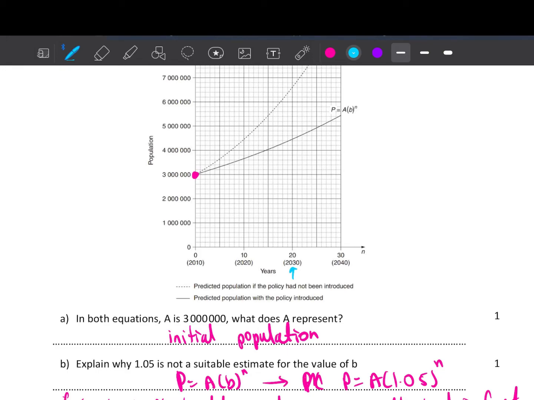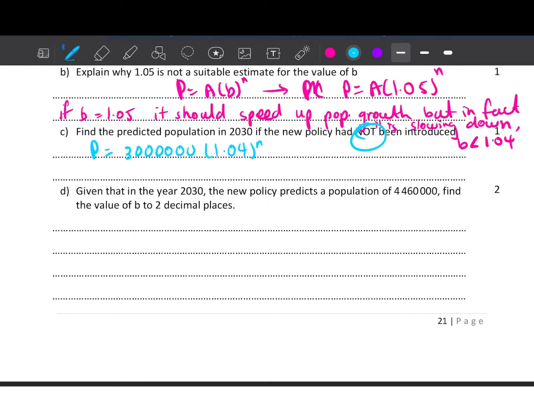I'm going to put in n equal to 20 because I'm considering 2010 to be the beginning of time. So by the time I get to 2030, that's 20 years later. So I'm going to sub in n equal to 20. What is the population? Plug it into your calculator and you should get 6,537,369 people.